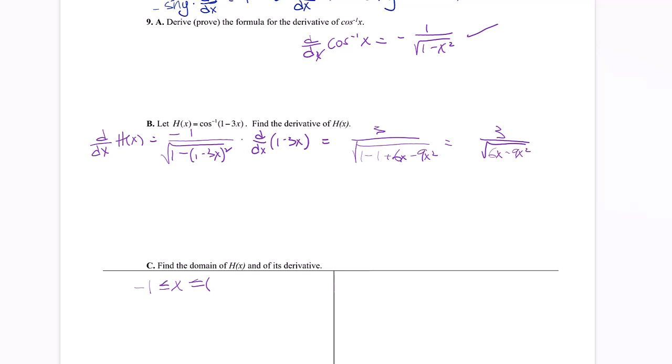The only problem is that our argument is not an x, so we got to replace that with a 1 minus 3x. Okay, so let's subtract 1. Divide by negative 3. And write it appropriately.